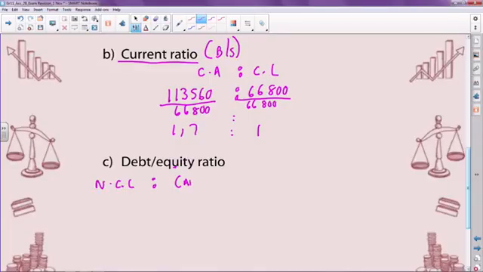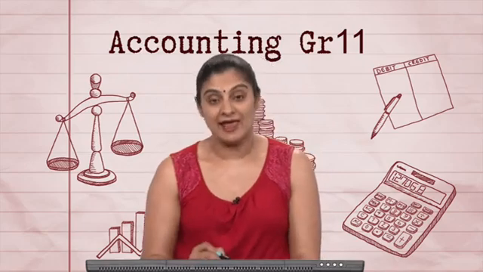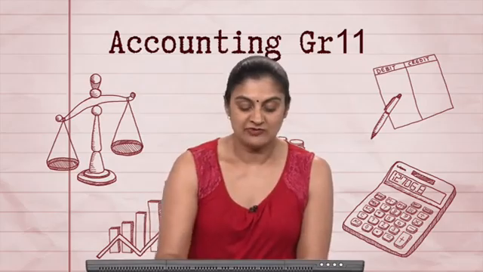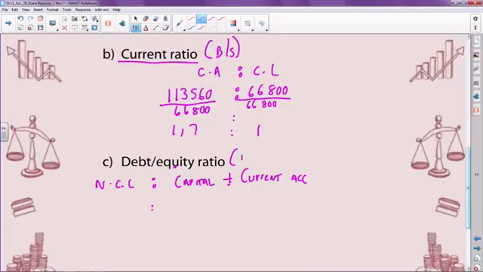Your capital that was contributed by both partners plus their current account balances. But bear in mind that if the current account has a debit balance, you are obviously not going to add, but rather subtract.